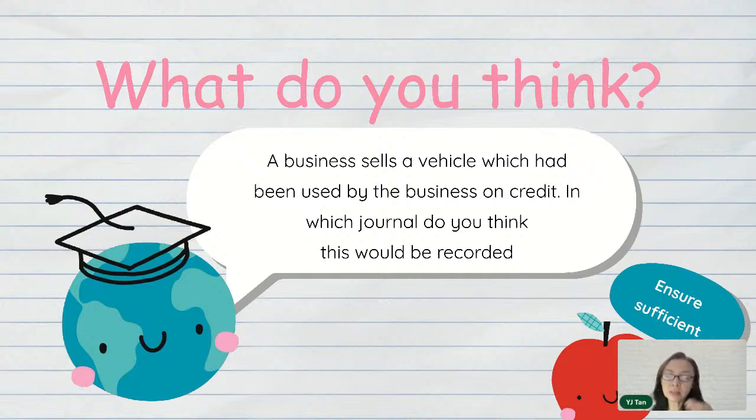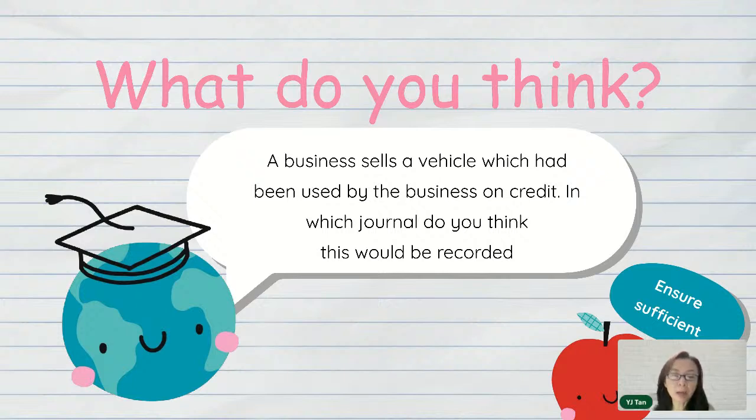This is one of the things that I want you to think about. A business sells, on credit, a vehicle which has been used by the business. In which journal do you think this should be recorded? A business purchased a vehicle for its own use, and now they decide to sell the vehicle.